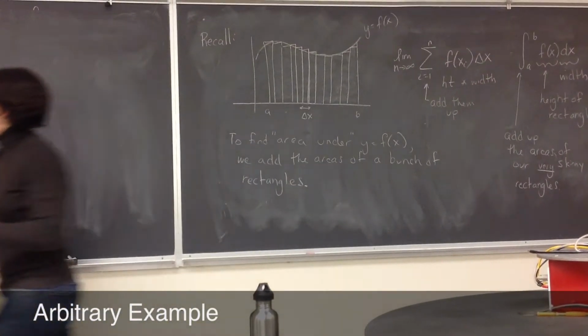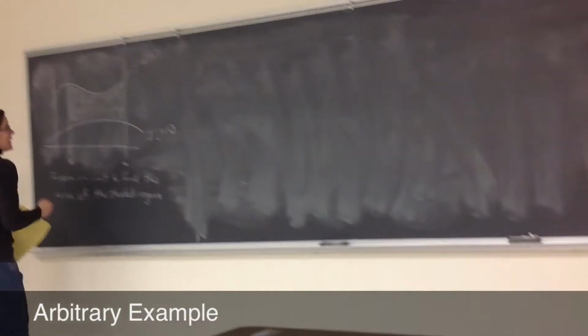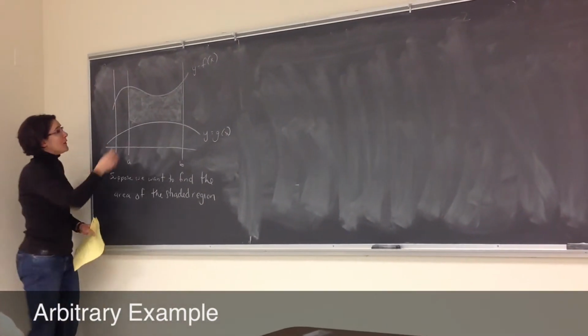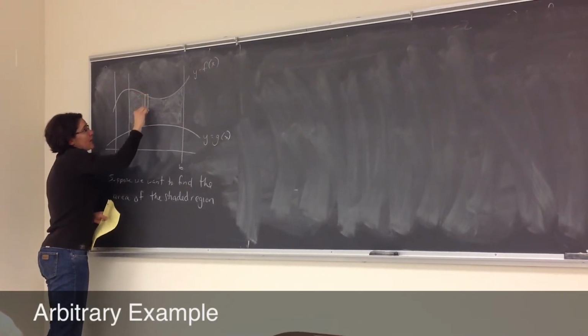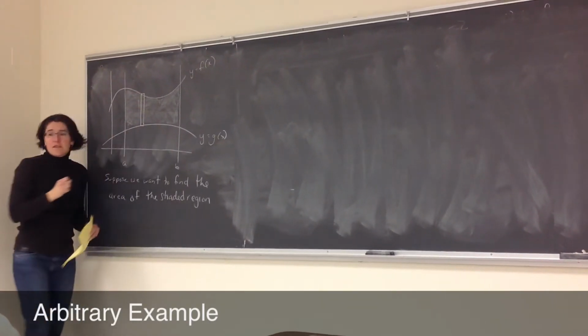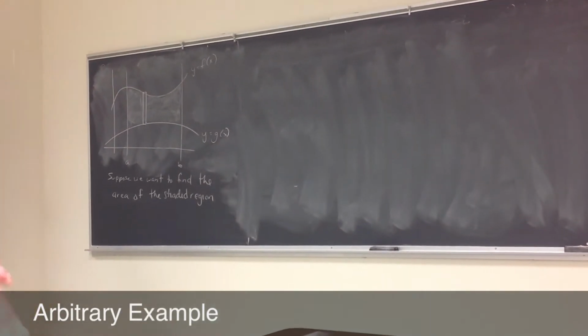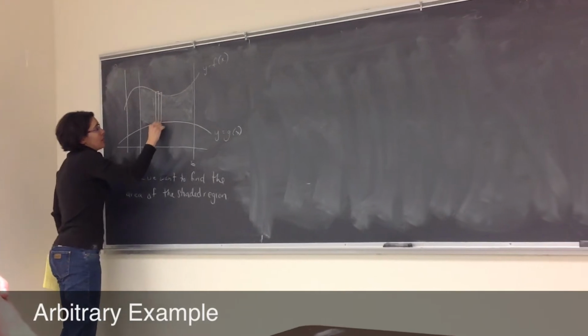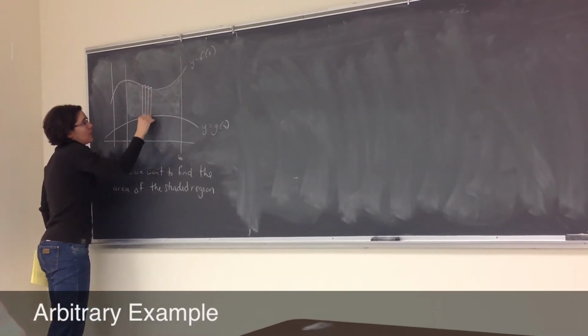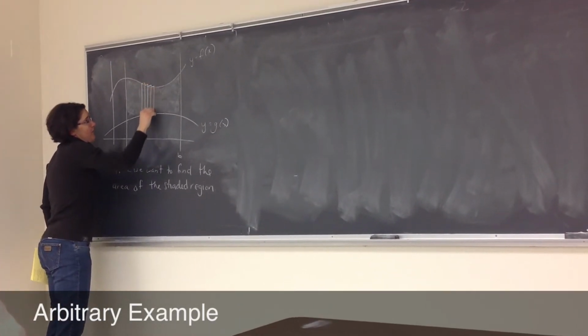Okay, so if I do that over here, if I look at this region and I try and break this region up into rectangles, well, the rectangles are going to look something like this. Here is one of them drawn into the picture. Now there's a ton more of these. I have rectangles all the way along, and I'm not going to draw every single one. I'm just going to draw a couple of them.